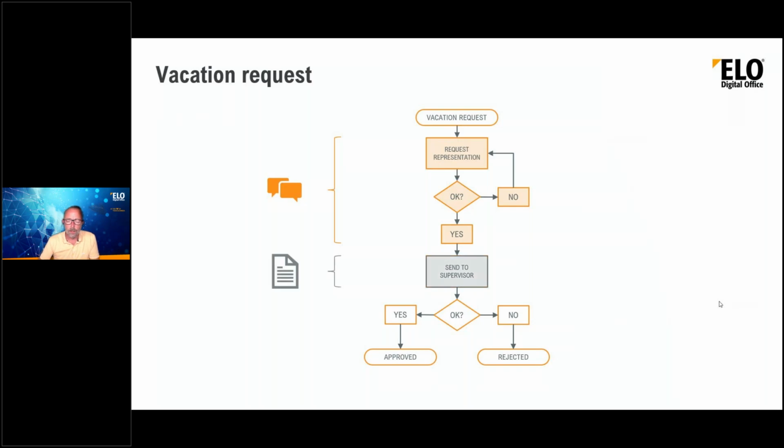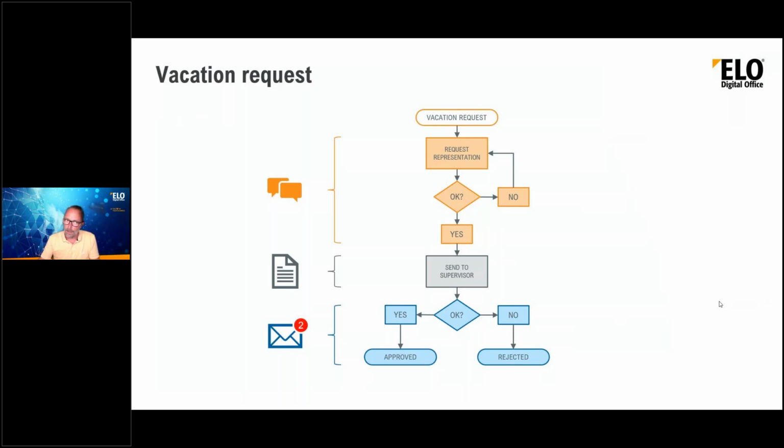And then you have to fill in a form. Most of the time you have some forms in your company for a vacation request. Can be a Word document or can be some other things. And then in the easiest way, you send it with an email to your supervisor, and then you get an email back, and the vacation request is approved or rejected, whatever.